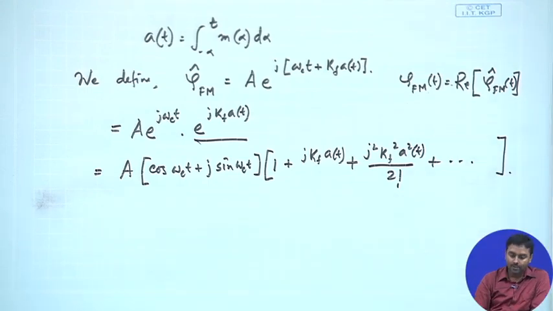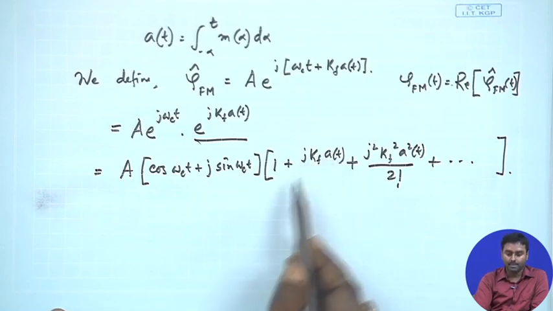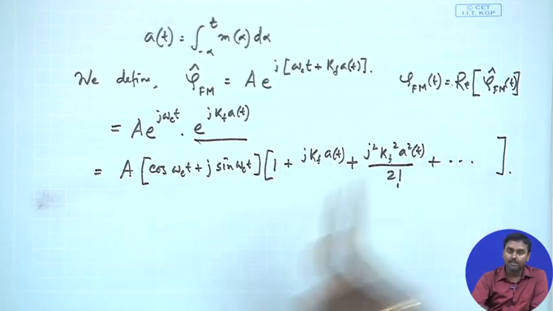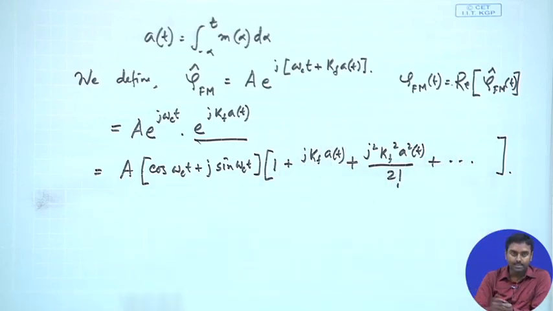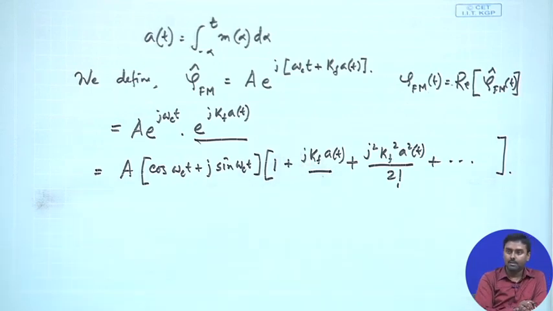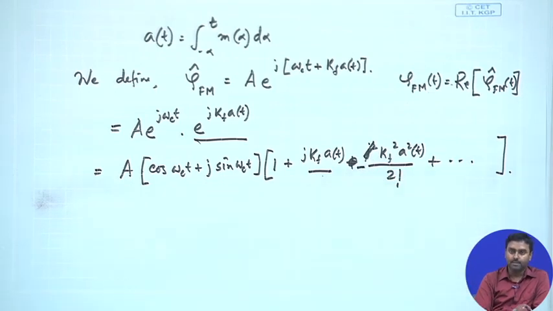What you can see is that this is the 0th term, this is the first term, then second, third. Every odd term will be a complex one, or I should say the imaginary term, because that j will be multiplied. Here it will be just j square, so I can put that as minus.